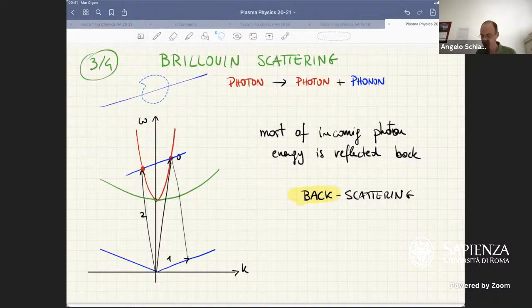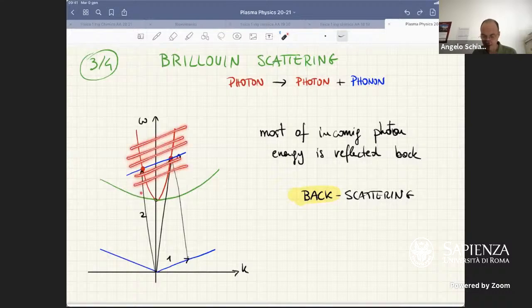Obviously, it cannot occur at a frequency smaller than the plasma frequency, below here, because there we don't have propagation of the electromagnetic wave. So here we are beyond the critical density, and the electromagnetic wave, the photon, cannot propagate anymore. But in all the region where the photon can propagate, it's very easy to find a backscattered photon, and there are no limitations at all.